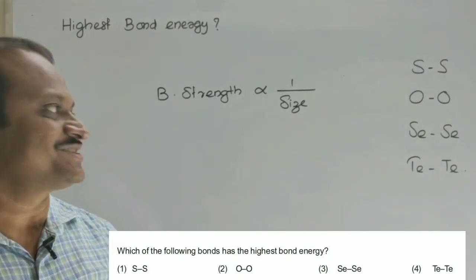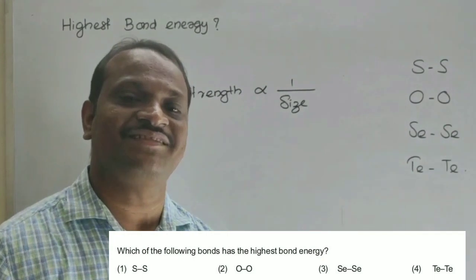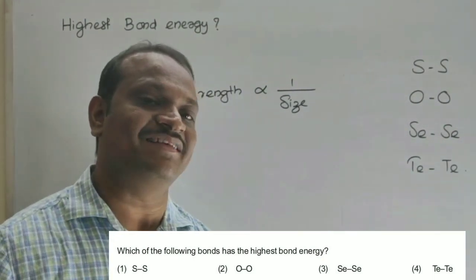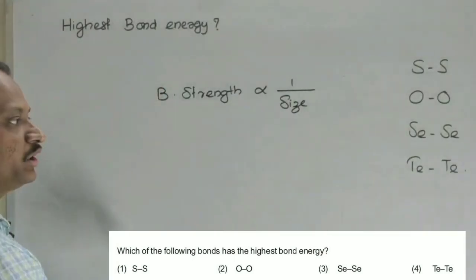And when you talk about size, oxygen has the smallest size, so we expect maximum bond strength in the case of oxygen. So what about the order of bond energy?